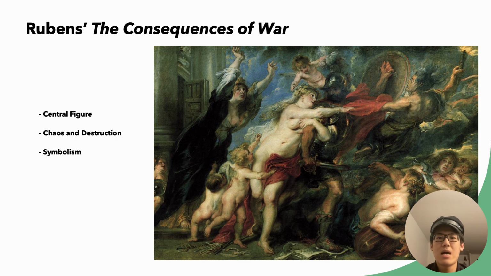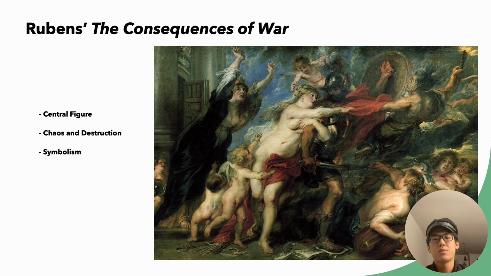We can see the chaos and destruction in this artwork, showing the damage brought by war, accompanying Mars and symbolizing the aftermath. We can also see a woman with a broken lute, which symbolizes harmony, lying on the ground, representing the collapse of cultural and social harmony.